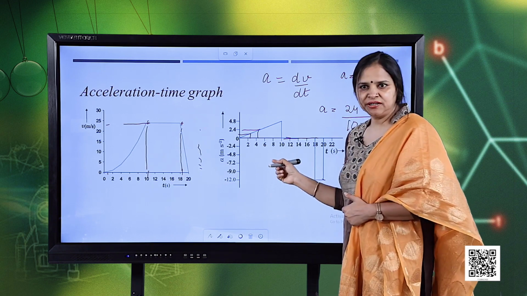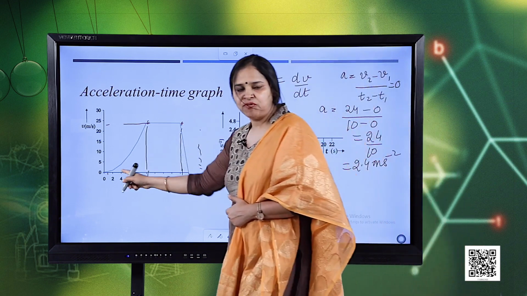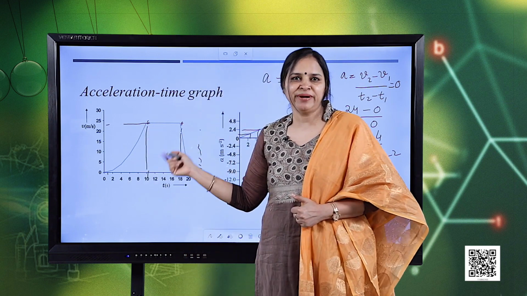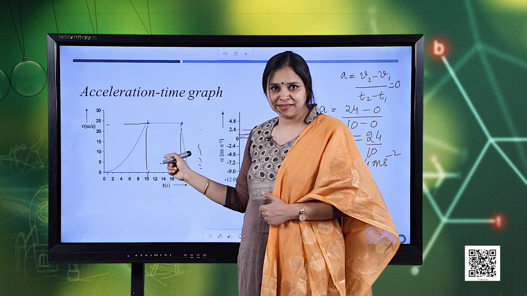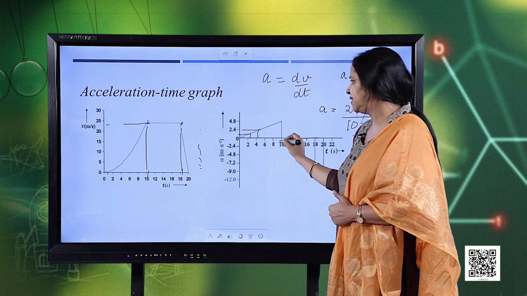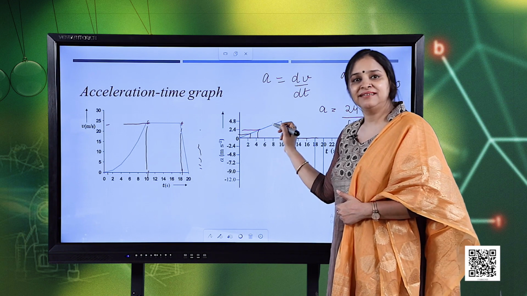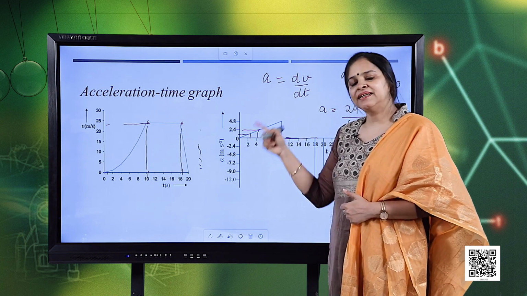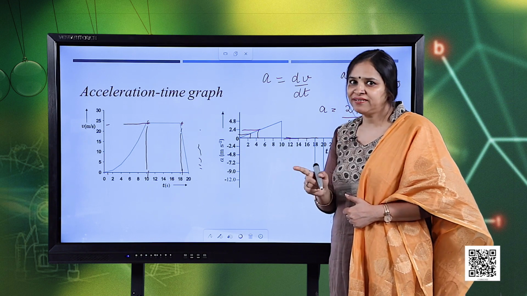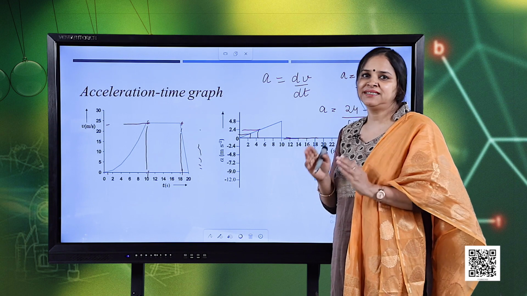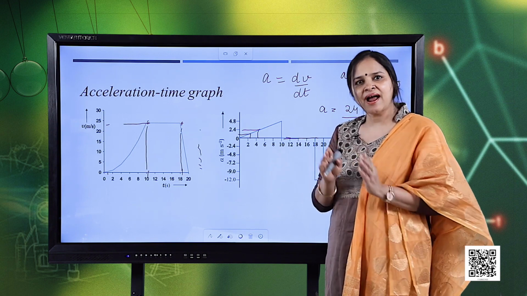So, in this region of 0 to 10 second, the average acceleration is 2.4 meter per second square. But if we actually see the graph, at every instant the acceleration is different. So, we can say that average acceleration is not the same as the instantaneous acceleration at different instants.